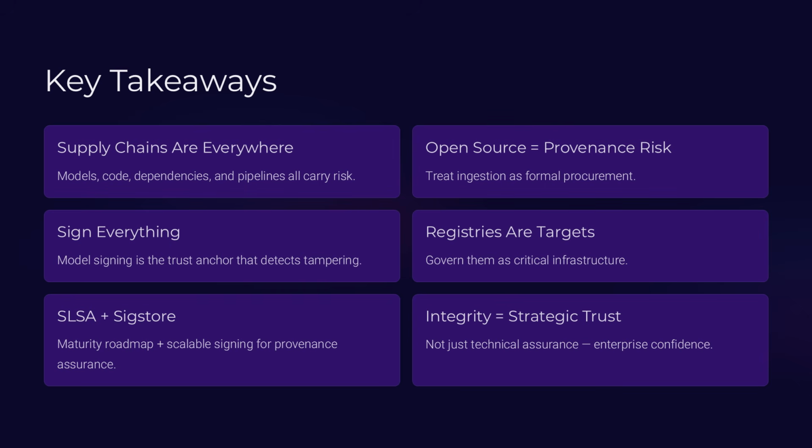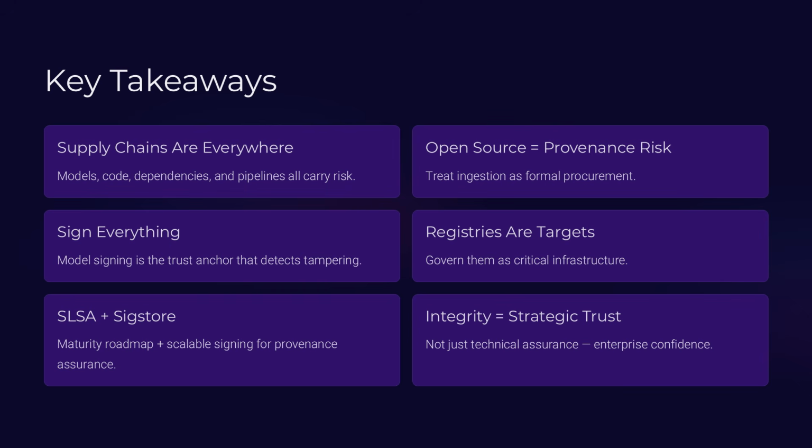Model signing provides a trust anchor that detects tampering. Artifact registry security is critical because registries are central distribution points. Secure continuous integration and continuous delivery for machine learning must include promotion gates, isolation, and evidence generation.